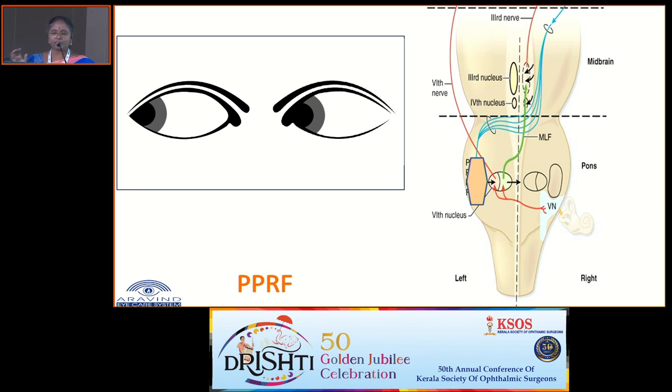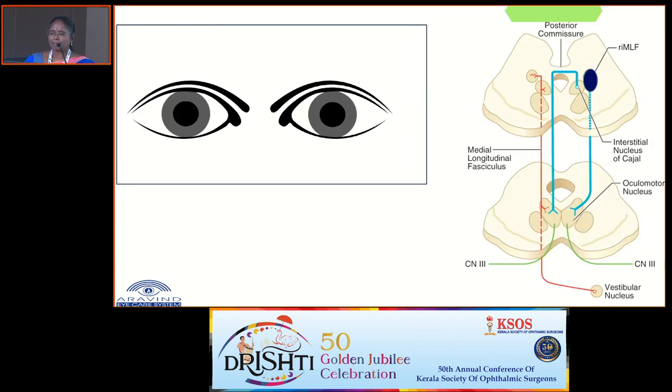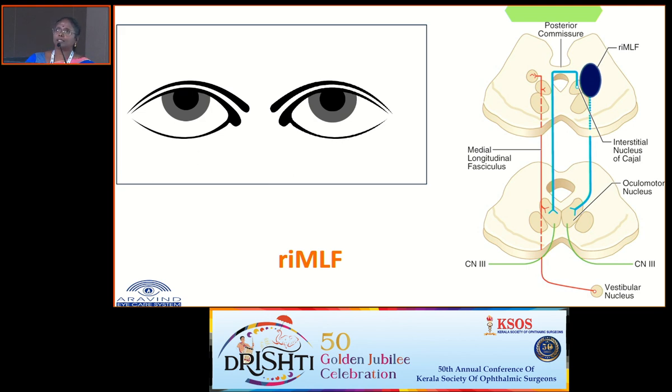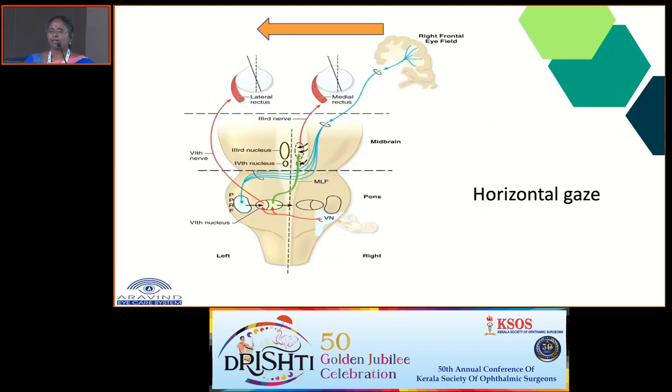For the left, it is the left PPRF. Suppose you want to look vertically. What is the center? This center is situated in the midbrain, which is called the rostral interstitial nucleus of the medial longitudinal fasciculus. It is in the midbrain. This center coordinates your eyes to move vertically as well as torsionally.